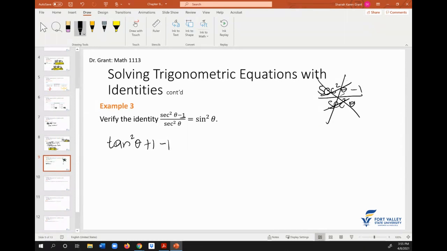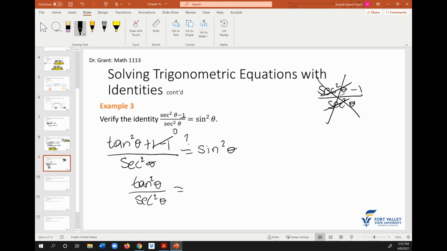There's already a minus 1 in the problem. And I'm not going to rewrite the denominator just yet. I'm going to see if I need to. Okay. So I know that 1 minus 1 is 0. So I'll have tan squared theta divided by secant squared theta.